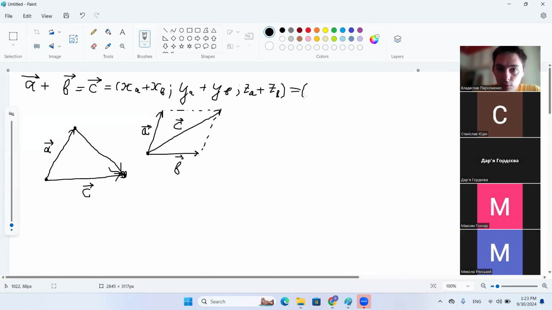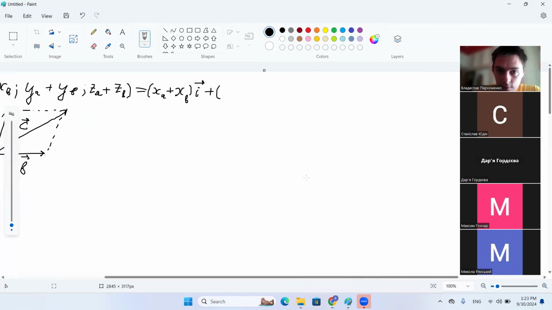And there is another form of recording: xa plus xb multiplied by i, ya plus yb multiplied by j, and za plus zb multiplied by k.